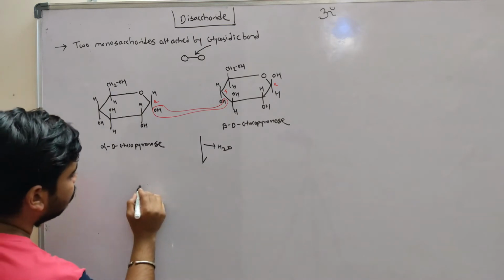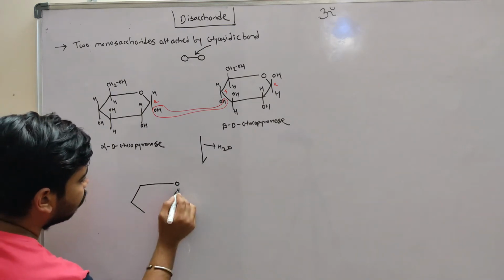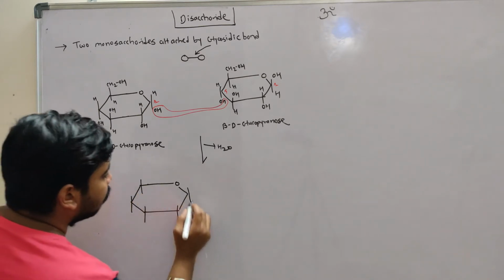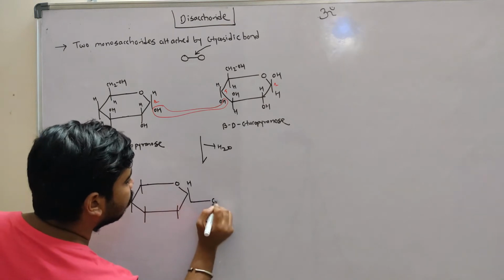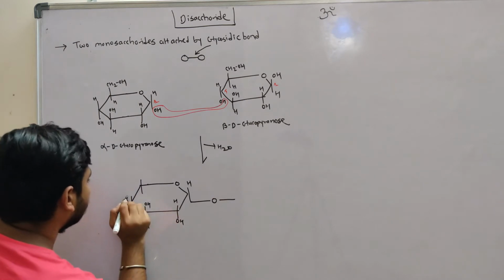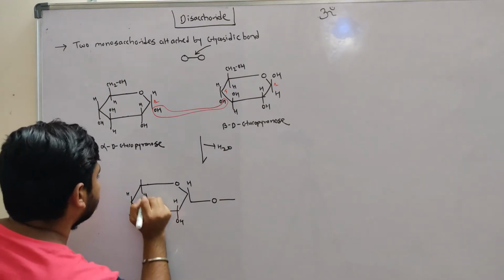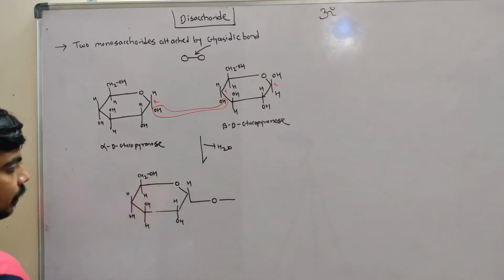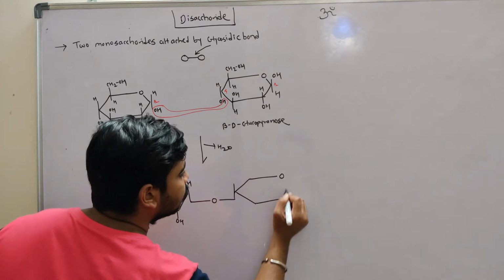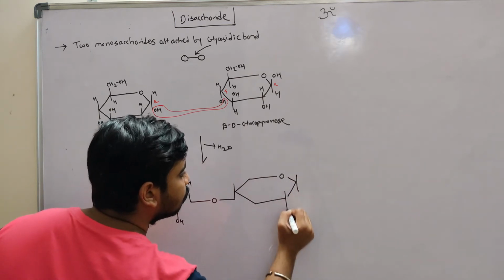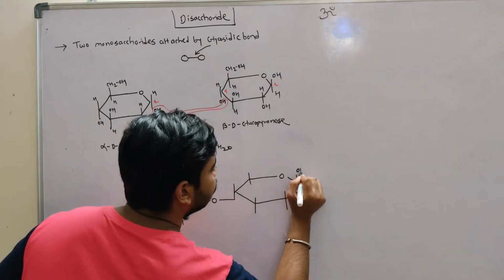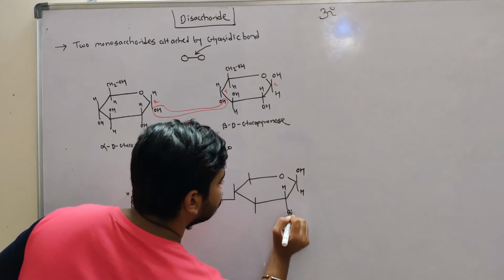So what will the structure be? The structure will be as it is here. This is beta, H, OH.